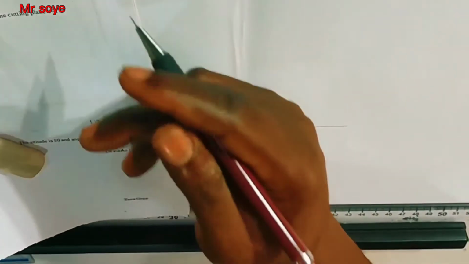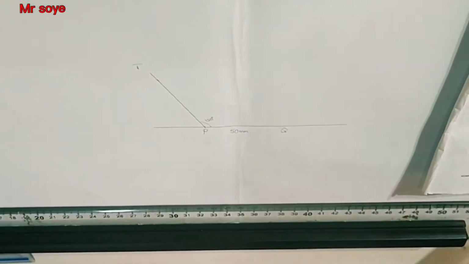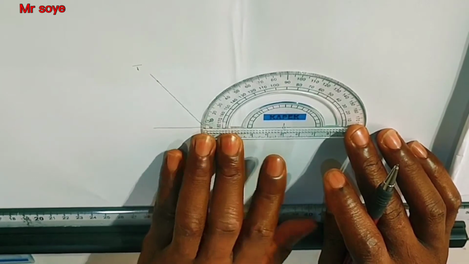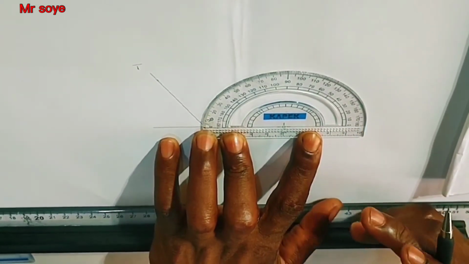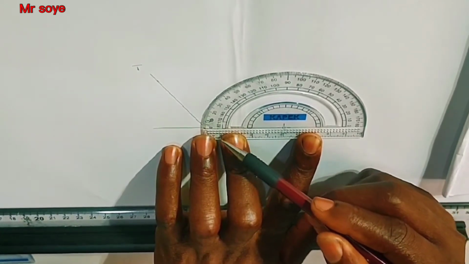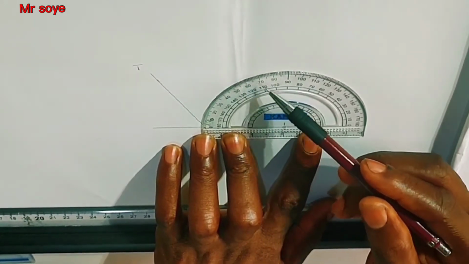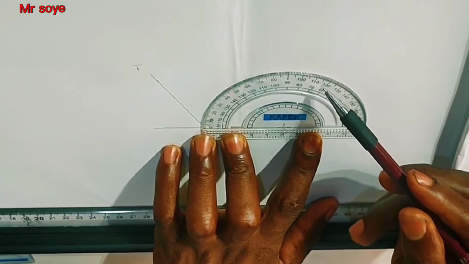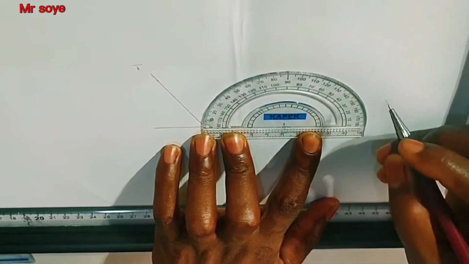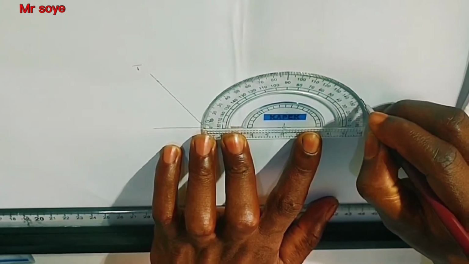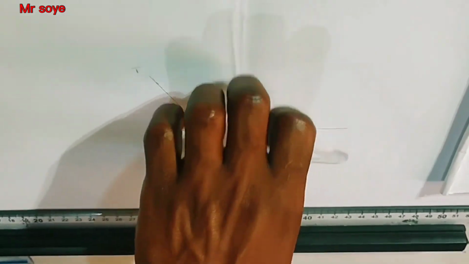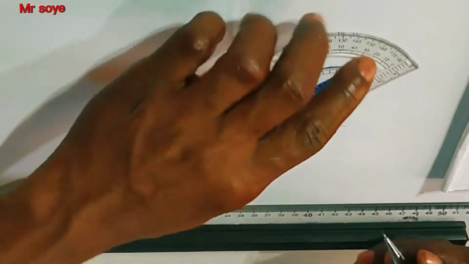Then the next one is angle PQR. So it's 150 degrees. So we put our protractor on Q. Then we'll now take our angle, measure 10, 20, 30, 40, 50, 60, 70, 80, 90, 100, 110, 120, 130, 140, 150.